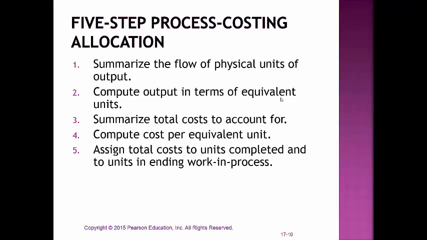And then lastly, we're going to assign those total costs to the units completed. The units completed get transferred out of our particular work in process and they get moved along.